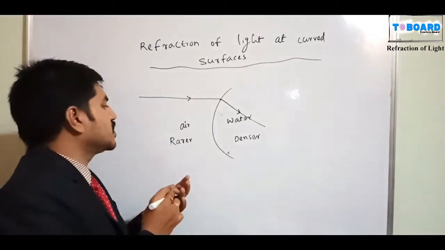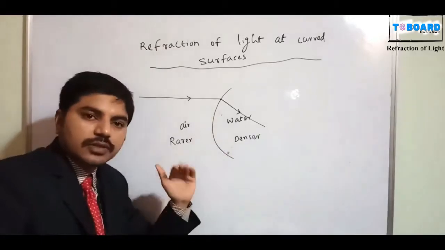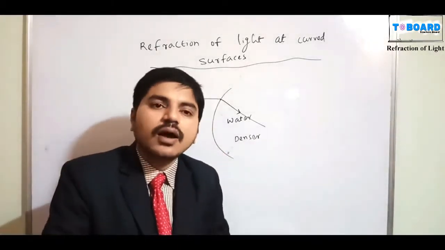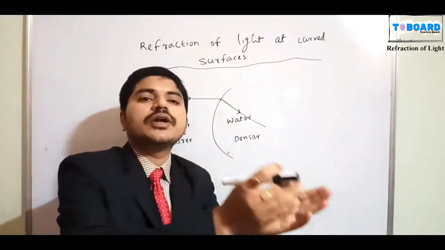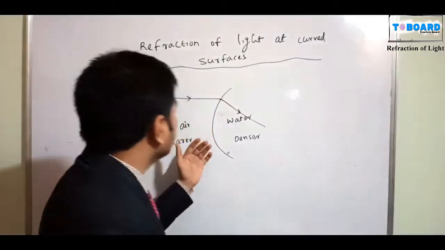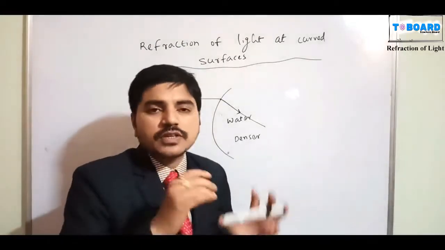We have two medias. The example is air and water. Where the ray starts is called the rarer media. After refraction, after the bending of the light, the ray enters the denser media. These are the two different types of medias. So this is refraction.